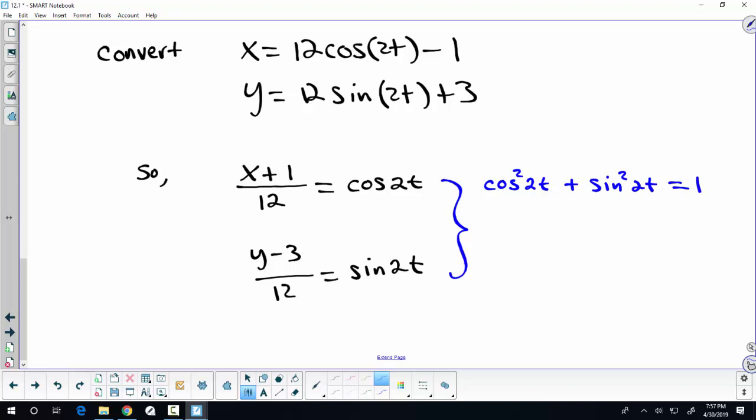In other words, x plus 1 over 12 quantity squared plus y minus 3 over 12 quantity squared.